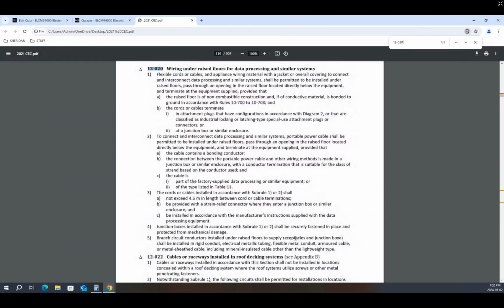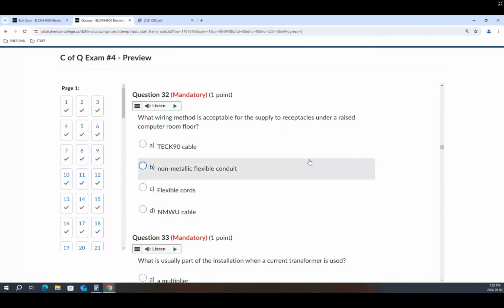Branch circuit conductors installed under raised floors to supply receptacles and junction boxes shall be installed in rigid conduit, electrical metallic tubing, flexible metal conduit, armored cable, or metal sheath cable, including mineral insulated cable other than the lightweight type. And again, we're going to take the best answer. So we can eliminate these three. So that's just going to leave the Tech 90 cable.